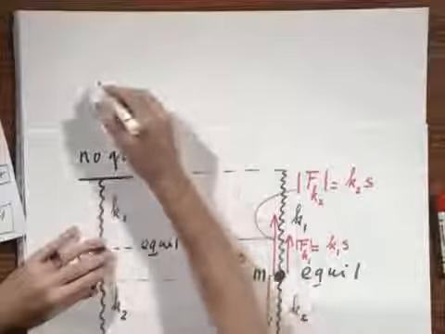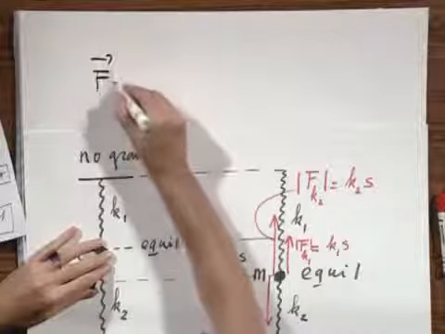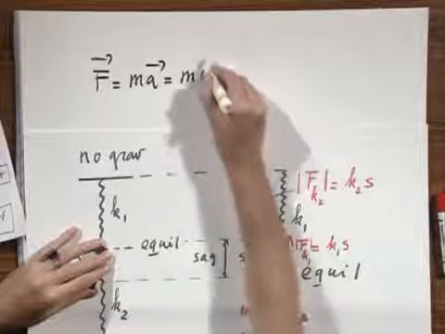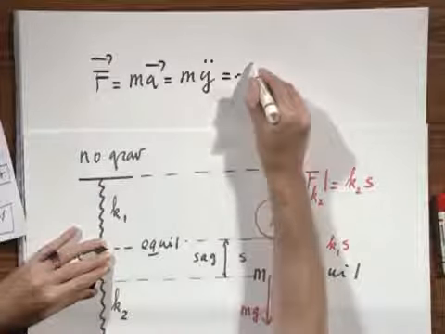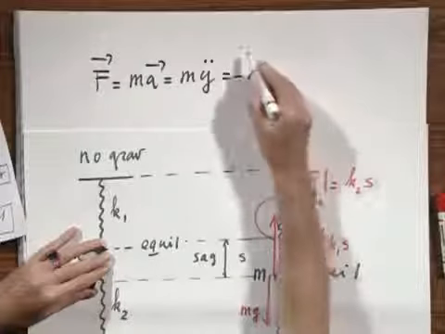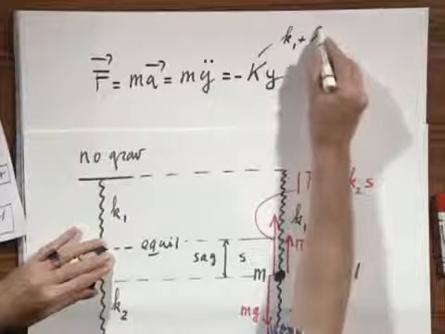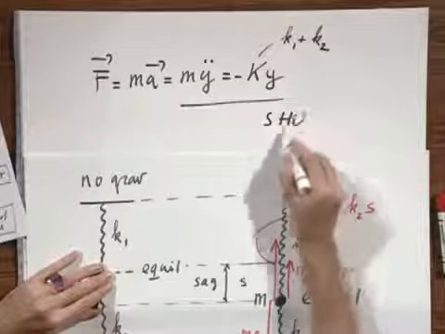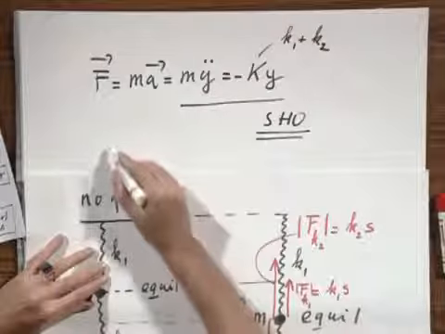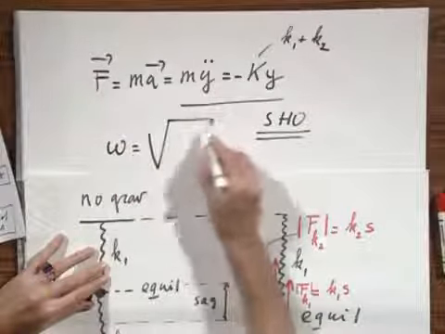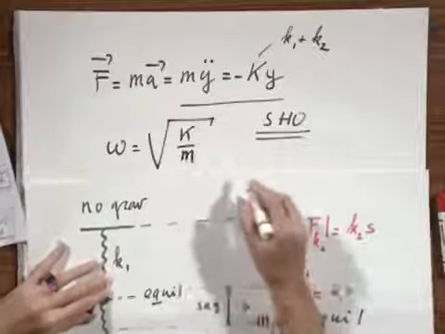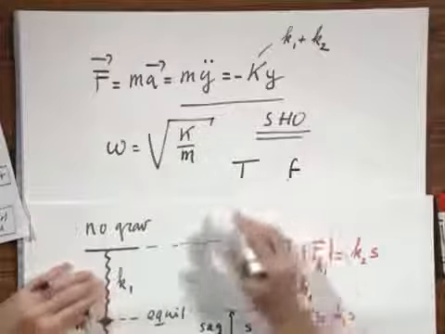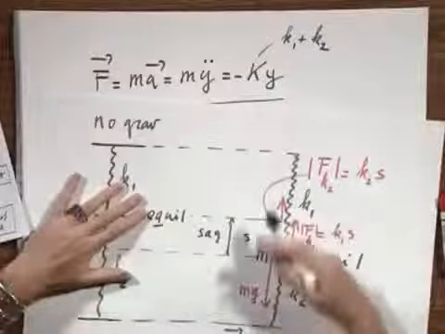I want you to demonstrate now that you will get F equals ma equals m y double dot equals minus capital K times y, where capital K equals K1 plus K2. And this again is the same simple harmonic oscillation that we had before. Again, we find that omega equals the square root of capital K over m. The period is unchanged and the frequency is unchanged, and both are independent of the amplitude by which I displace it from 0.